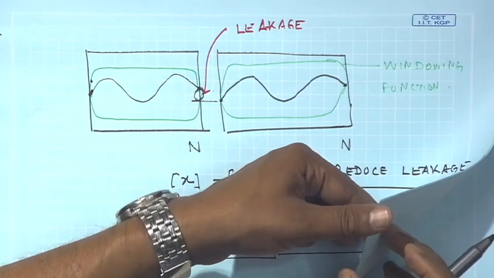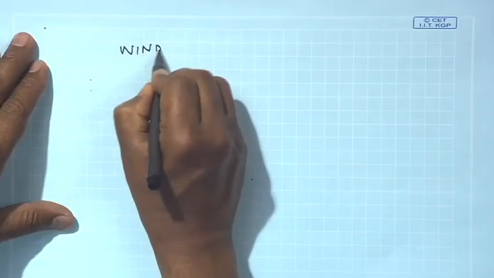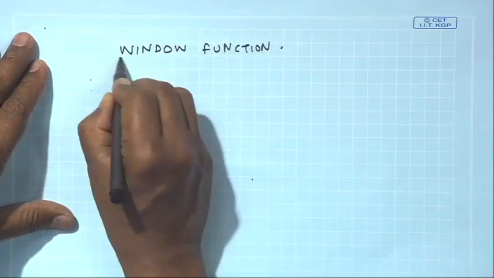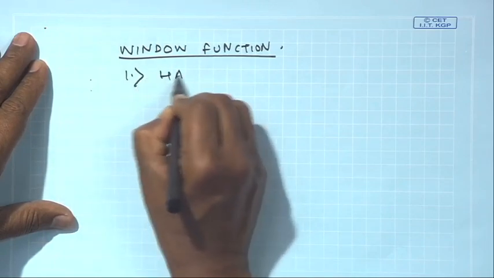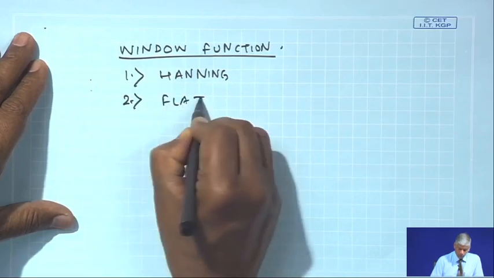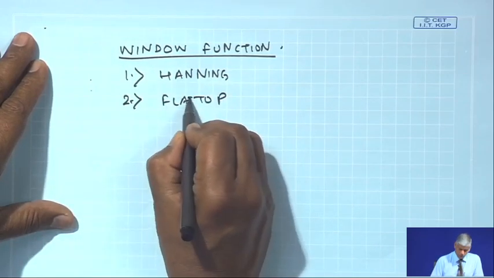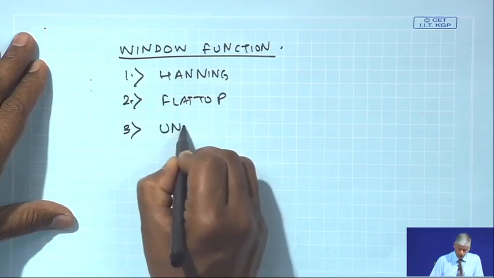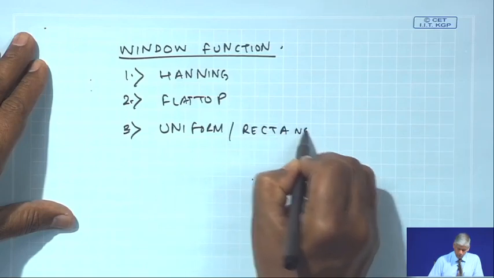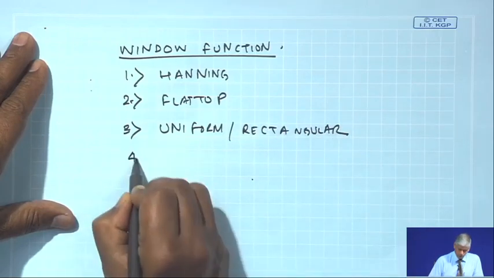There are many window functions available, like the Hanning window, flat top, uniform or rectangular window, or the exponential window.